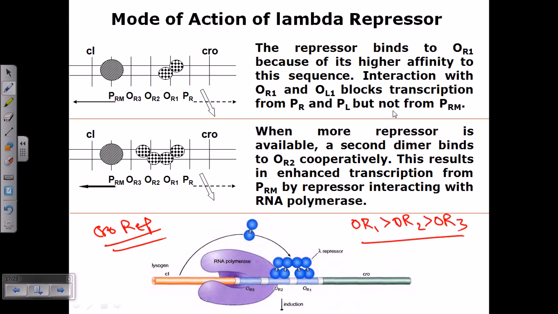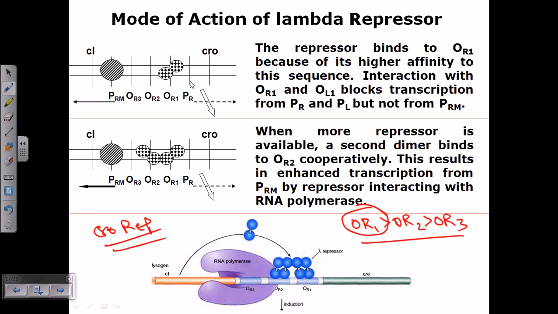Now, as at the very beginning the repressor is present in very low concentration, it first binds with the OR1 region because that is the highest affinity region. So it binds to the OR1 section here with a higher affinity. Then the interaction with OR1 and OL1 blocks the transcription from PR and PL, but not from PRM.